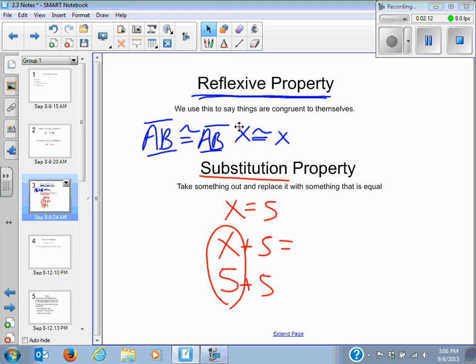Substitution, if you like sports, obviously the coach calls a timeout, and if he takes a catcher out of baseball, you put a catcher back in their place. You substitute. You put something that's the same value in there. So substitution, teachers, you take another teacher out, you put a different teacher in, that same kind of thing. You're taking the x out here, and you're putting a 5 in because they're equal right up there.